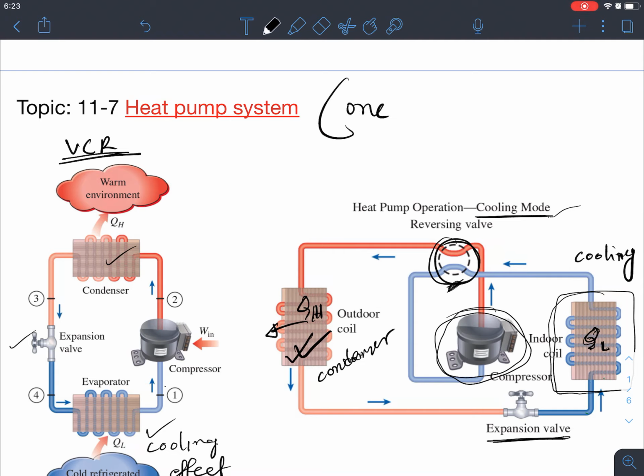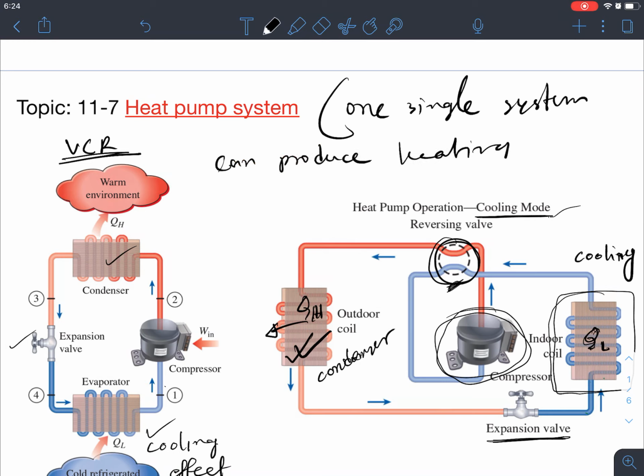So one single system can produce heating effect and cooling effect.